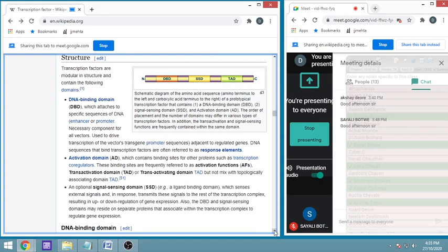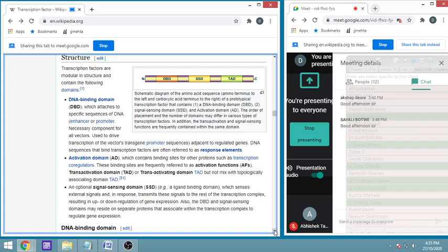Apart from that, there can be one more domain, which may or may not be there, called the signal sensitive domain. Just like the baroreceptor and chemoreceptor sense a signal, this signal sensing is important. In some cases there will be a signal sensing domain which senses the signal, and accordingly the activity can increase or decrease.